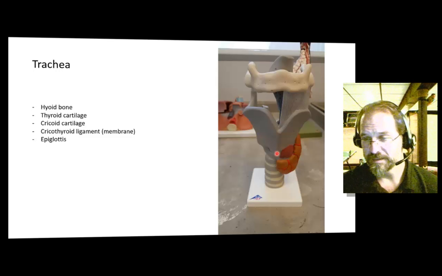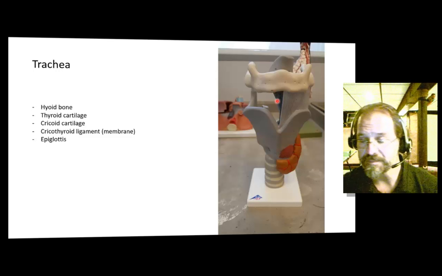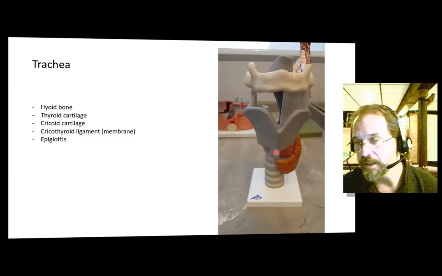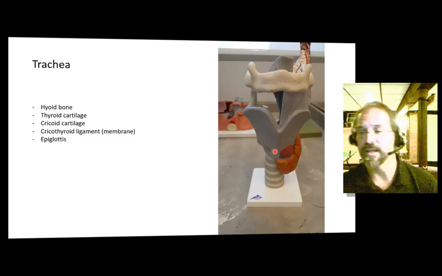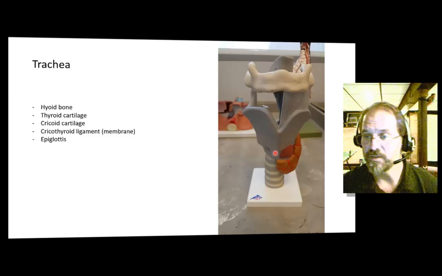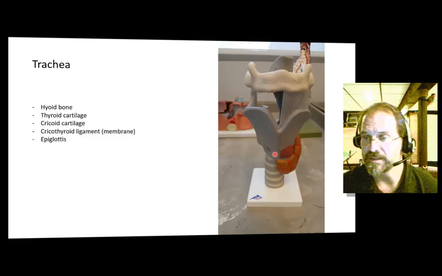And that's worth mentioning because if somebody has to have an operation to bypass the larynx, whether they're having some sort of tracheal cancer or laryngeal cancer, or just bleeding, or maybe even an occluded airway, you can puncture a hole in that cricothyroid ligament and insert a cannula, and that's called a cricothyroidectomy, and usually just called a cric tube. And that would allow somebody to breathe, bypassing the nasal passages and the larynx.